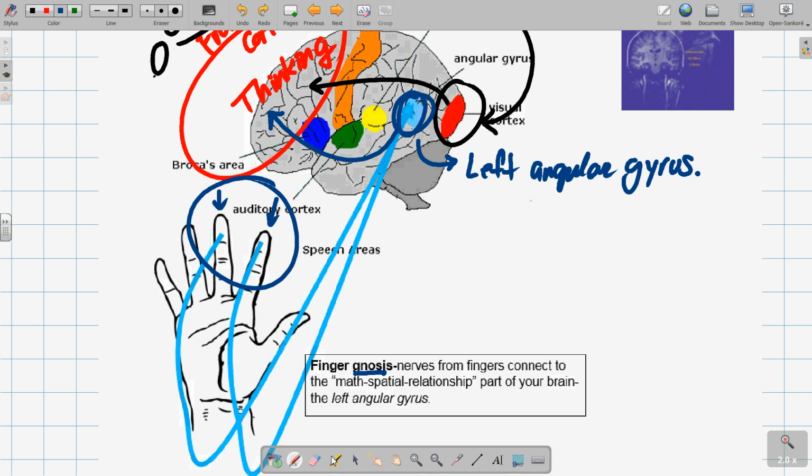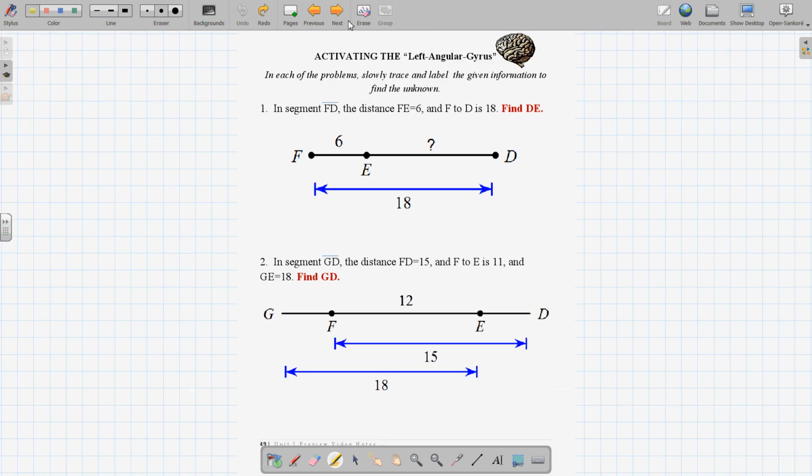So when you are not using your hands to trace diagrams, draw diagrams, circle stuff, underline stuff, filter stuff, make models, when you're not using your hands, you're not processing mathematical relationships and geometry. Now, what does that look like for the class?